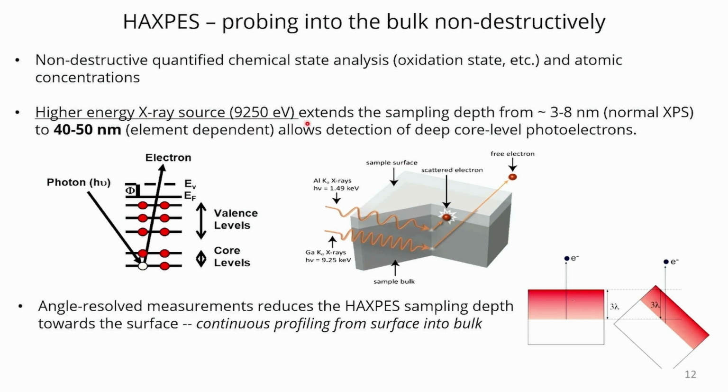And then these extend the sampling depth up to 5 times deeper compared to a normal XPS. And so you can also detect the deep core level photoelectrons like the 1s. And also, by tilting the sample with respect to the incident X-ray, it's possible to trace the depth profiling of the composition inside the surface.